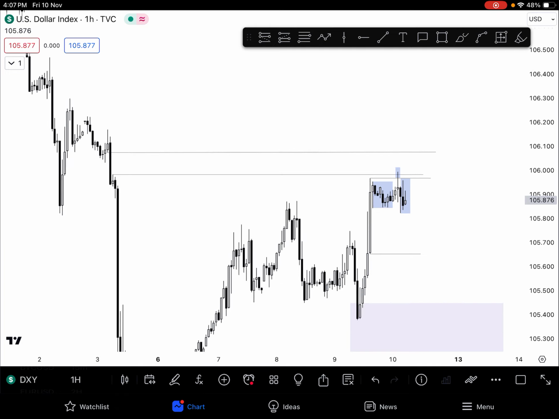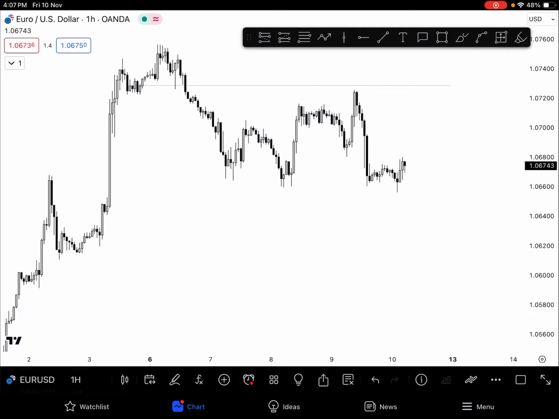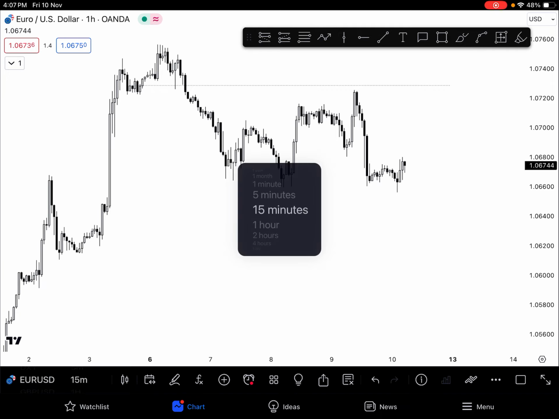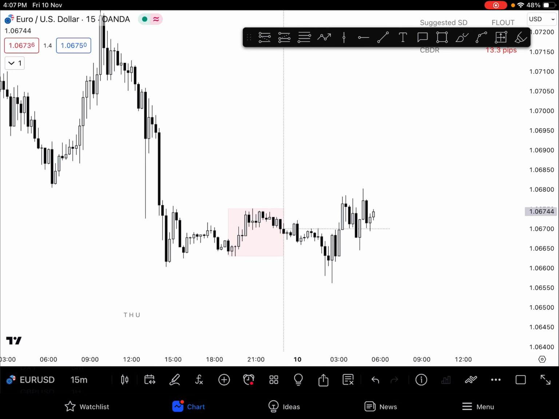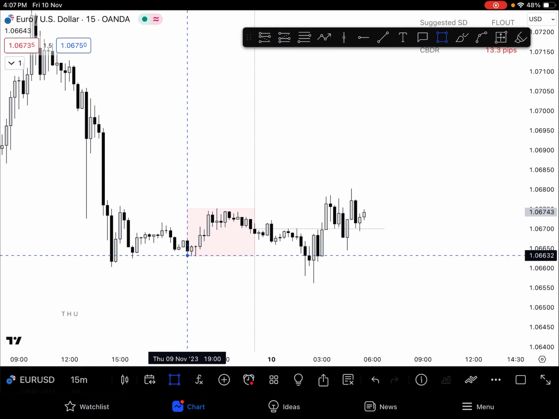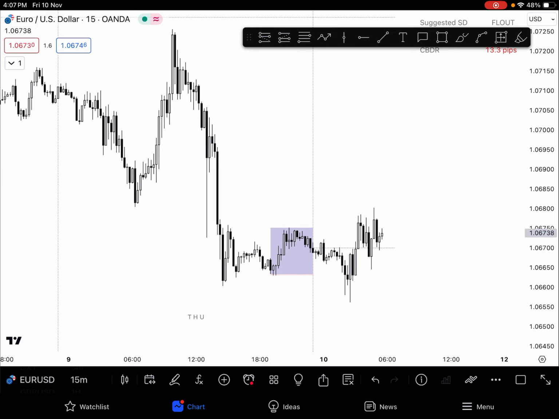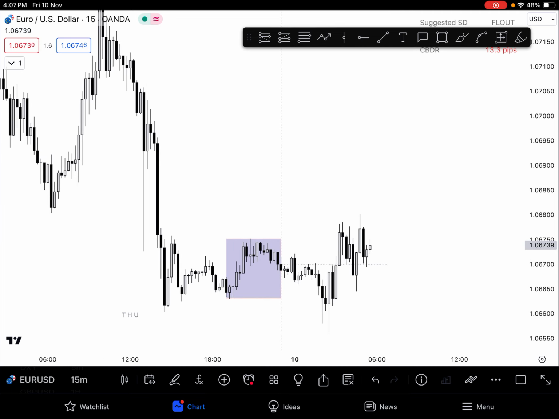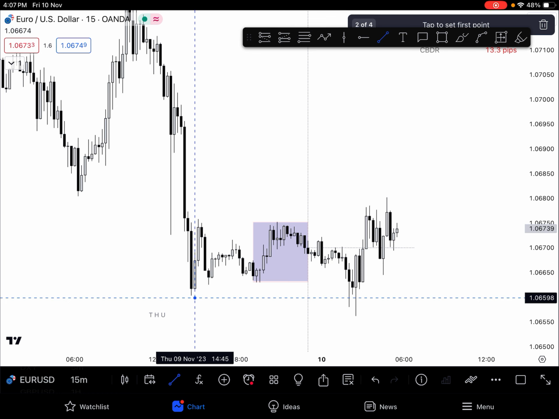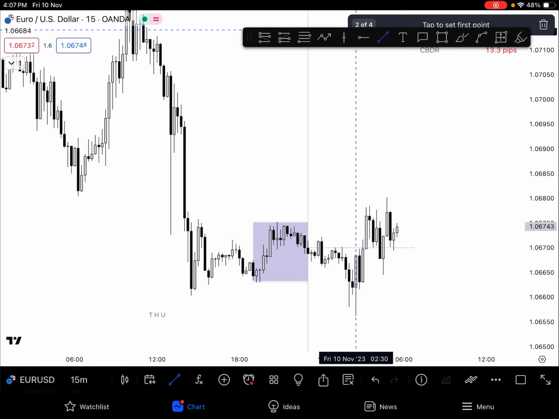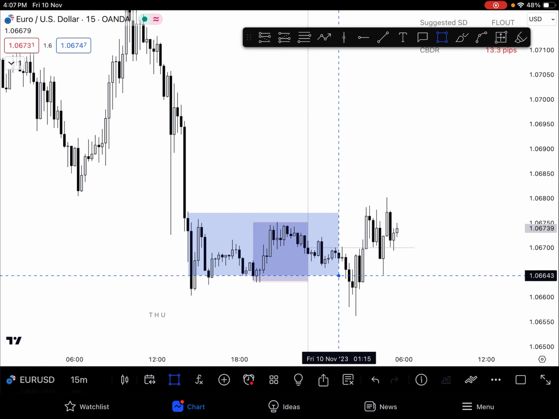Now come back to this EURUSD. According to this logic in my mind, I have an Asian range here. This is the Asian range. Considering these three candles only, these three candles are my range high and low.